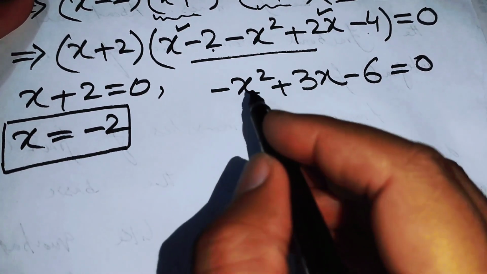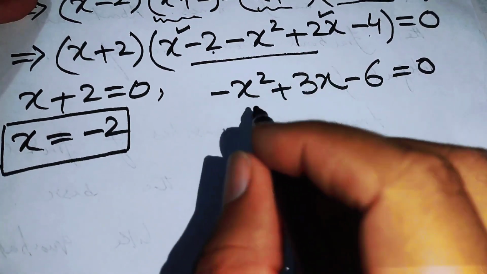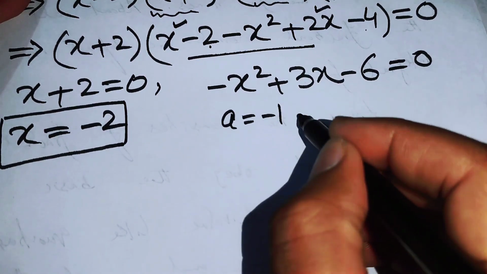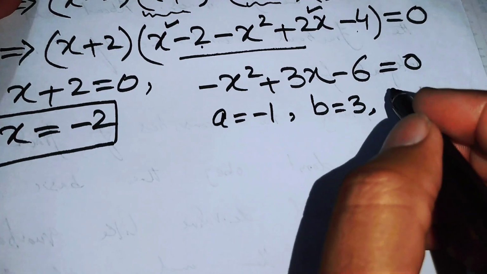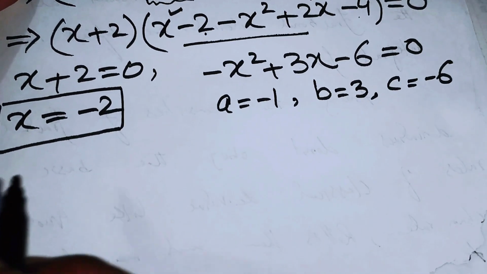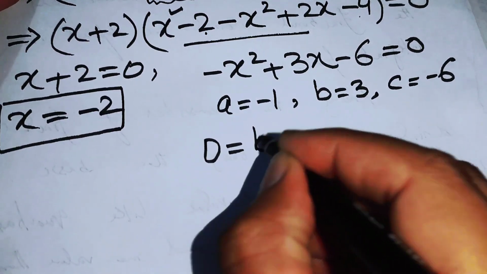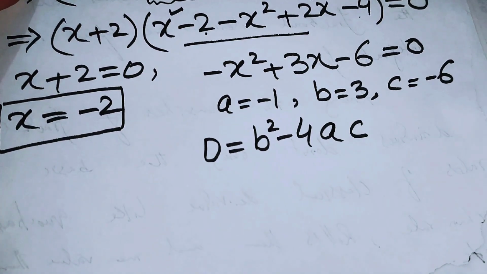Here you have the value of a is minus 1, the value of b is 3, and the value of c is minus 6. And you know that the discriminant is equal to b squared minus 4 times ac.